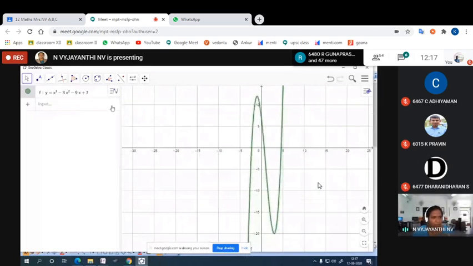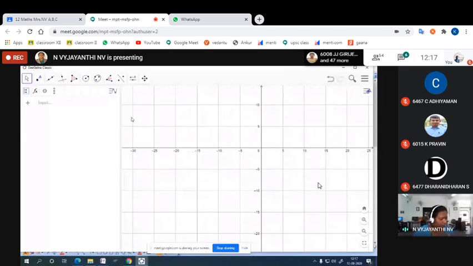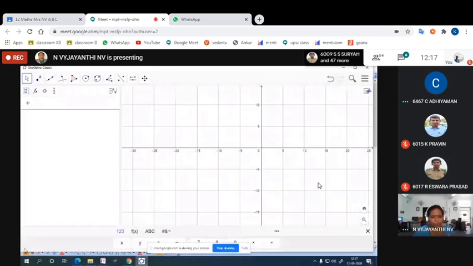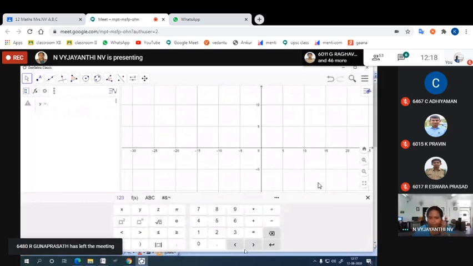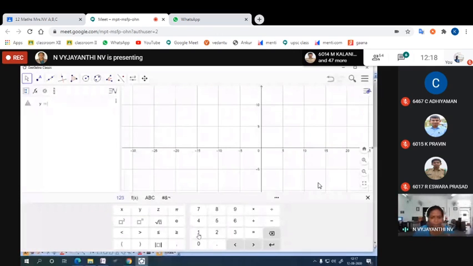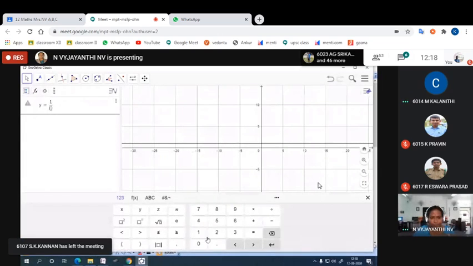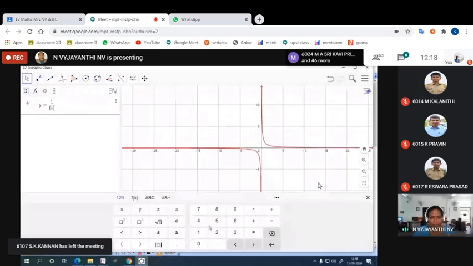So let us see the next curve. What is the next curve? Now we discussed the problem, no? Y equal to 1 by x minus 1.